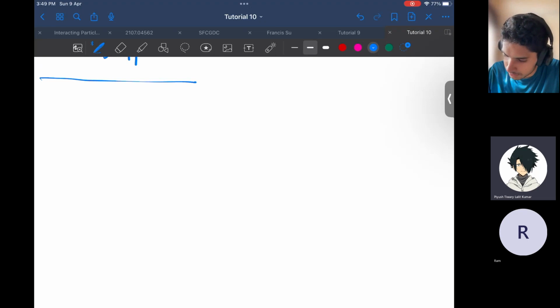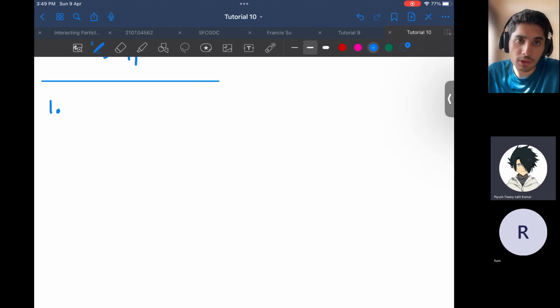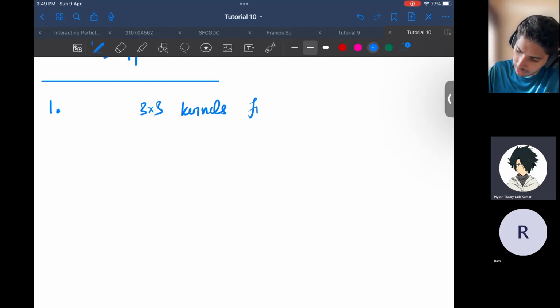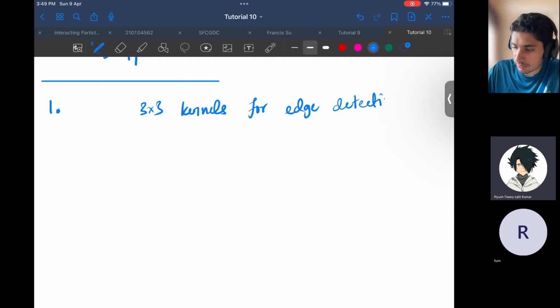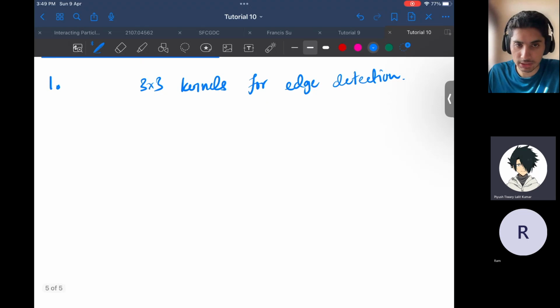So the first question is: which of the following 3 cross 3 kernels works best for edge detection? We are given some options of 3 cross 3 kernels, and we are asked which of these options is appropriate for detecting an edge in an image.